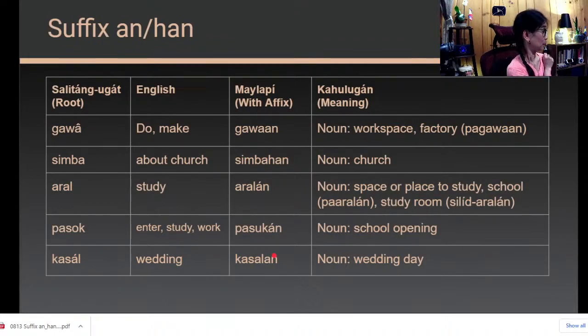But what qualifiers do you use? Because if you're studying a textbook, that's different from entering a room. So what qualifiers do you use to distinguish the differences between study, work, what have you? Maybe Kelly is listening.